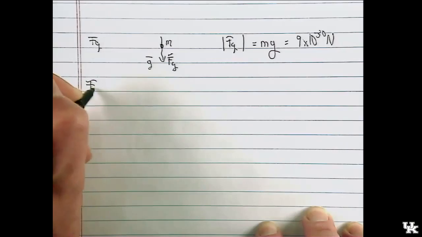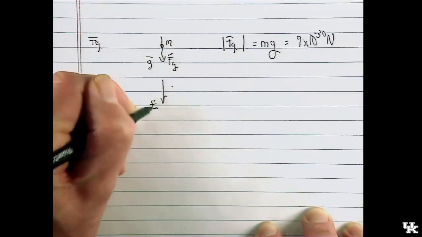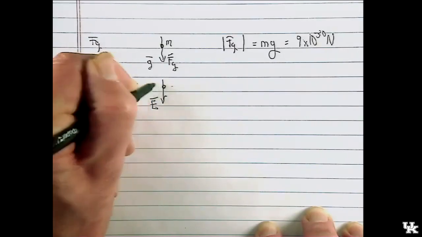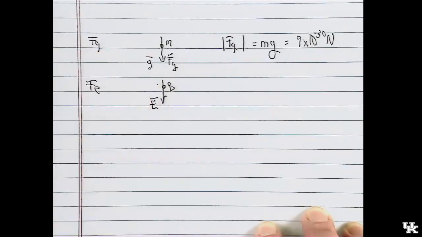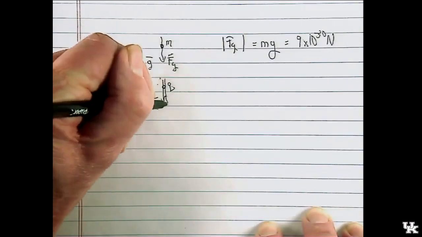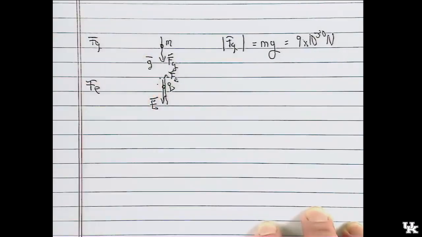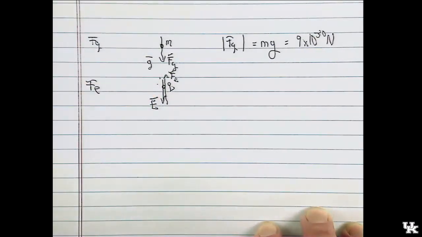Electric force. The electric field is down, and it's experienced by the charge. But since the charge is negative, the force, let me draw another arrow, the force of electricity is actually upwards. So that's the upwards direction of the electric force.